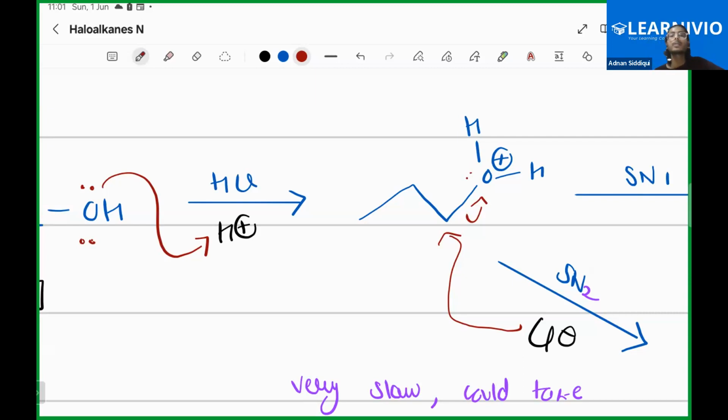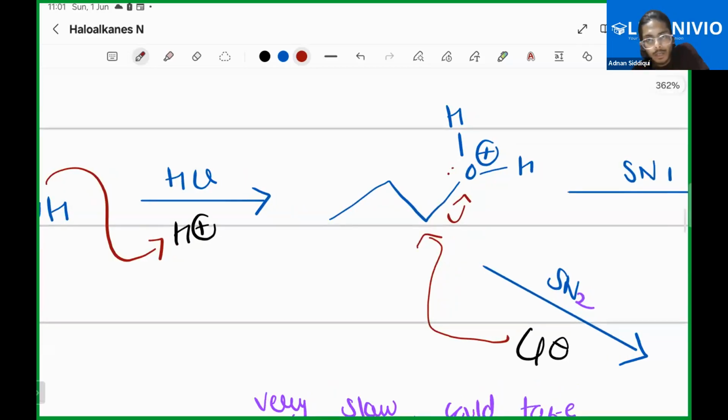So if it is donating its own lone pair, then the positive charge will transfer. Now, oxygen is very electronegative. Oxygen is one of the most electronegative elements, along with fluorine and nitrogen.